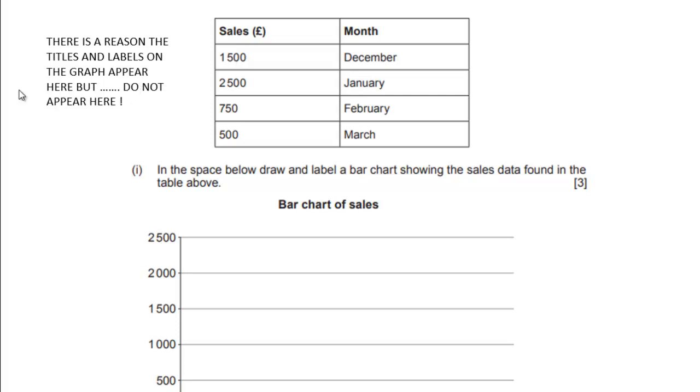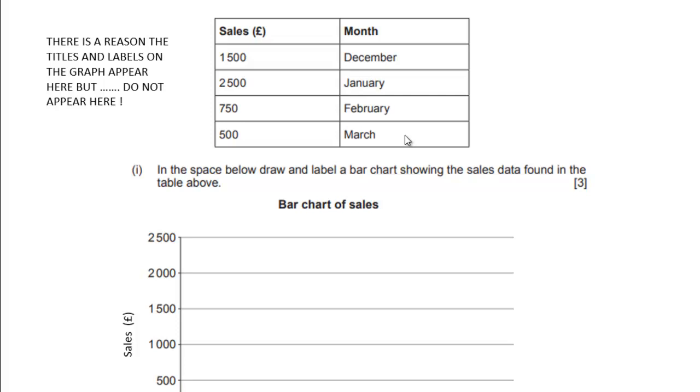So that means we need to label the axes, and we also then need to label any other information that we need onto the graph. In this case it's going to be the months that's on the graph. So that would have got us 1 of the marks.